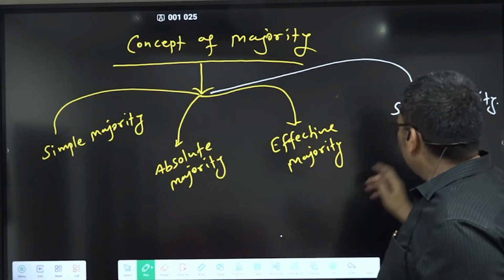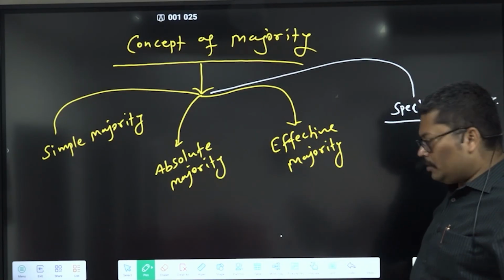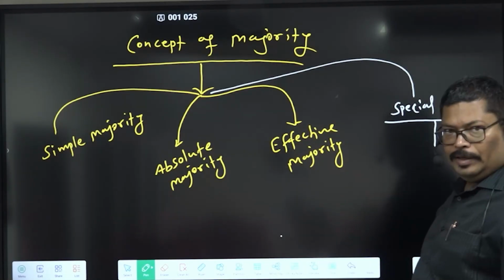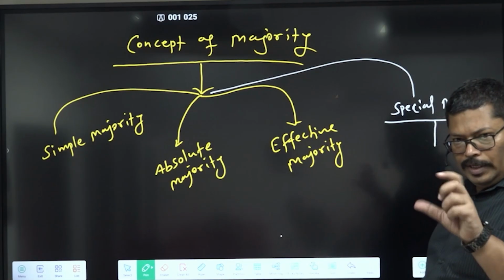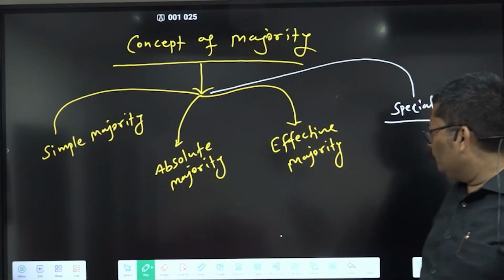Remember, this special majority is also of three types. So, in India, three different types of special majority are followed.